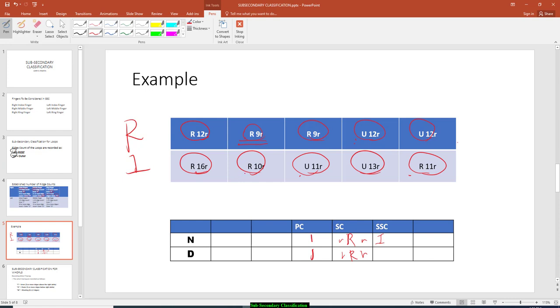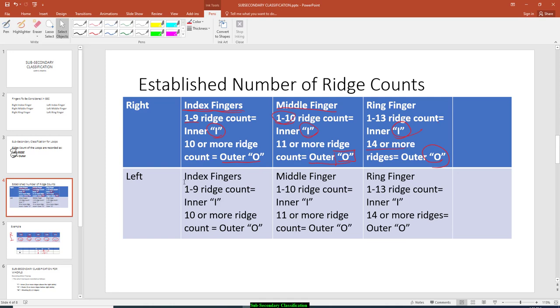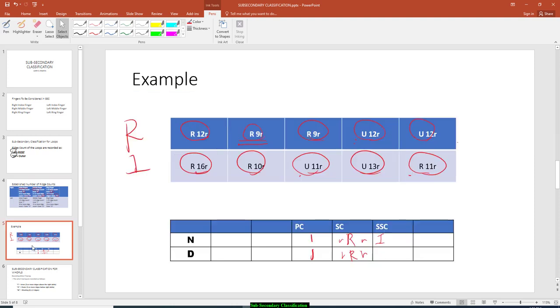Next one we have the left index finger. For the left index finger, 1 to 9 ridges will be I. 10 or more ridges will be O. So it is 10, so it will be outer.